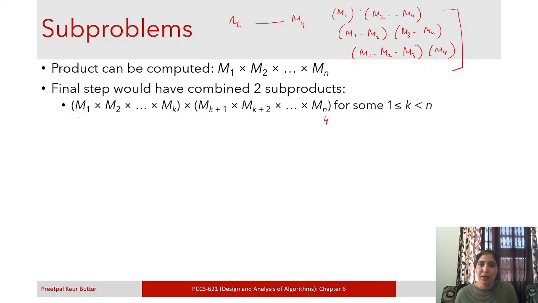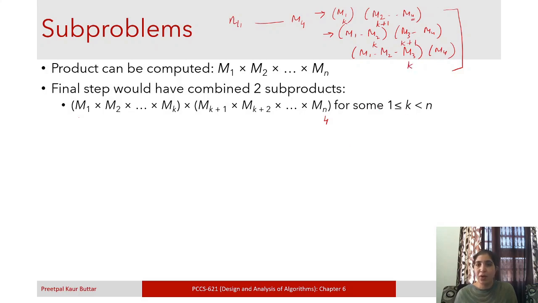Okay, so if you look at this particular bracketing of matrices, then you see that it is m1 only. So here k is 1, and then here we are starting from k+1 to mn, where n is equal to 4. Okay, and in this second bracketing, k is 2, and here you are starting from k+1. Here k is 3, right?